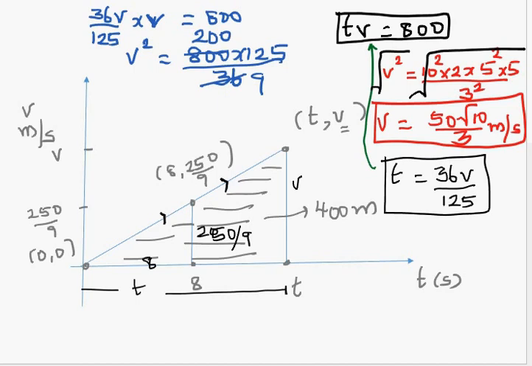We know t is 36v on 125. If you substitute v in this equation, t works out to be 24 root 10 on 5, and we know t times v should be 800.